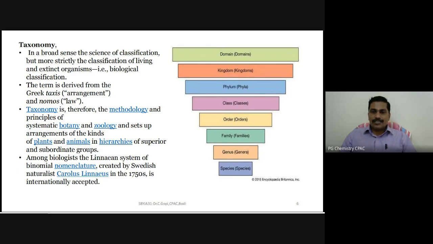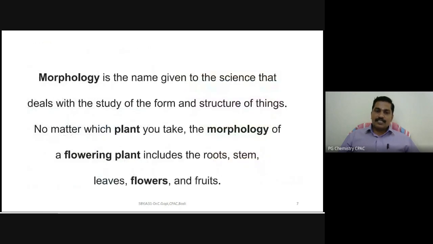Phylum encloses classes. Classes enclose orders. Order encloses families. And the families enclose genus. Genus encloses species. Under the species, clone, variety, all those things come. Okay. So everything I have discussed earlier.